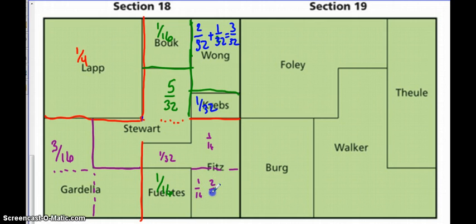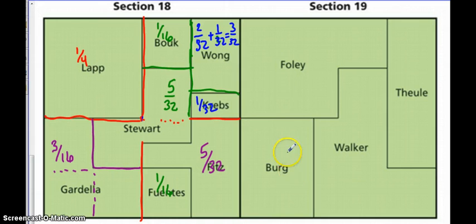So this would be 2/32, the equivalent fractions. All right, and if I get rid of the 1/16, I have 1, 2, 3, 4, 5 32nds. So I'm going to rewrite all of Mr. Fritz's land into a fraction of 5/32. Okay, so we have all of this.